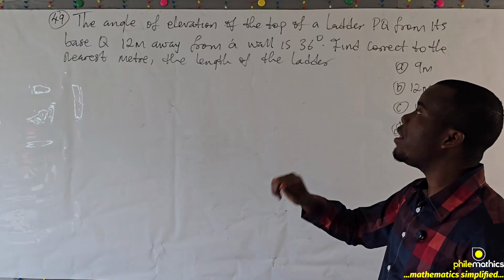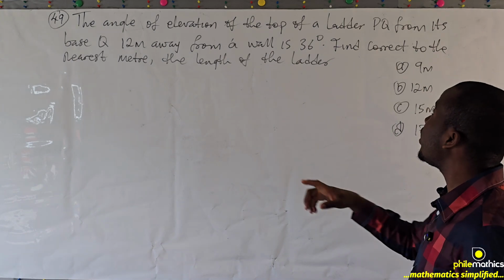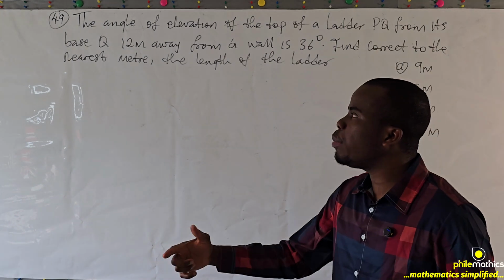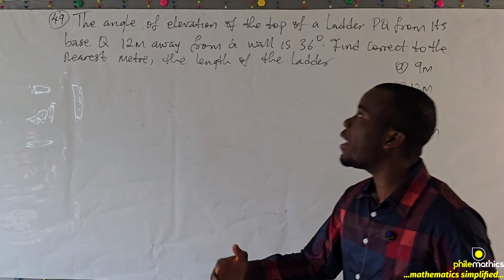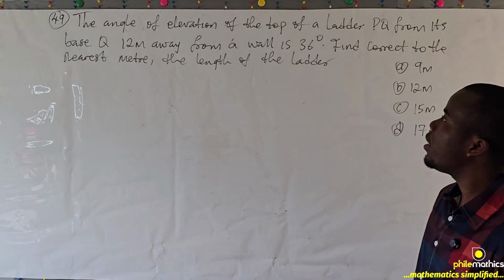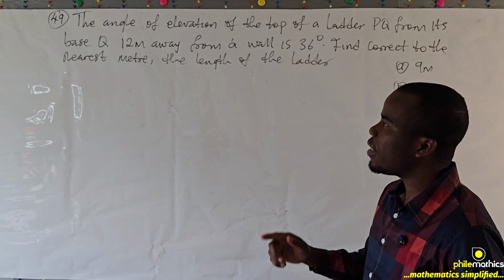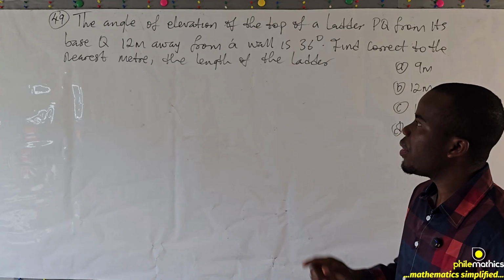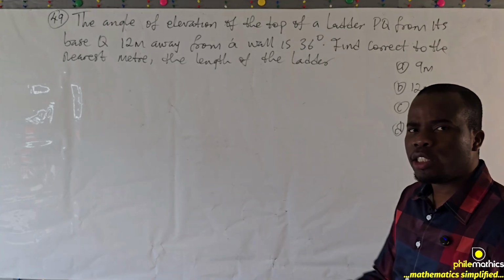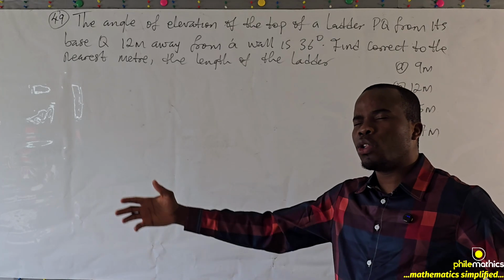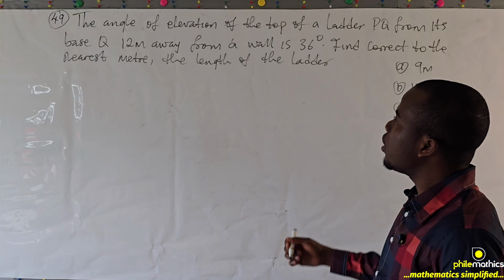The angle of elevation of the top of a ladder PQ from its base Q, 12 meters away from a wall, is 36 degrees. Find, correct to the nearest meter, the length of the ladder. Let's sketch it. This is just a simple application of trigonometry.